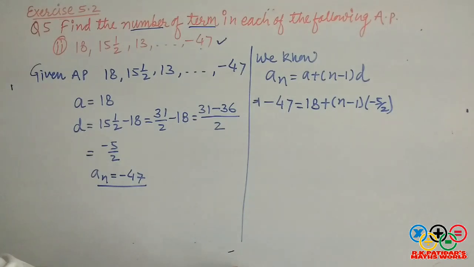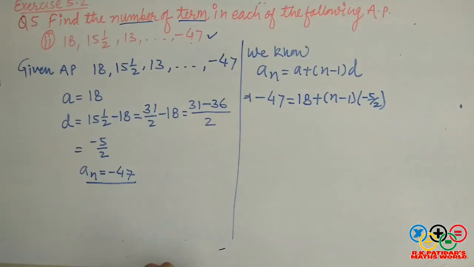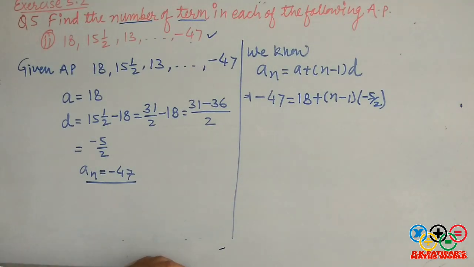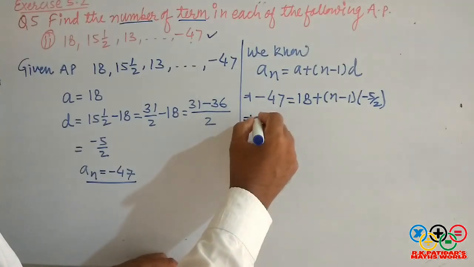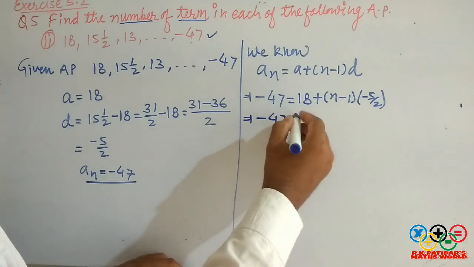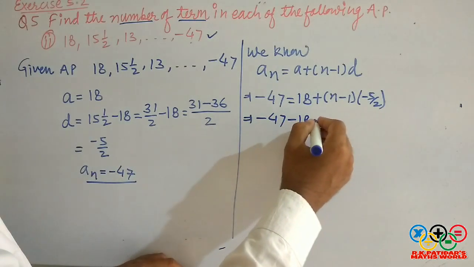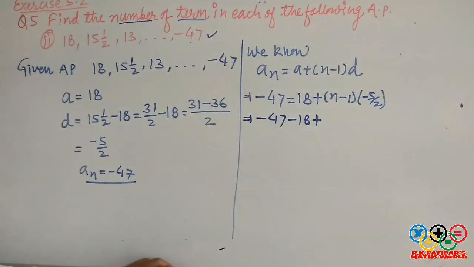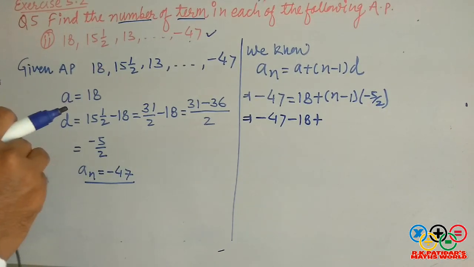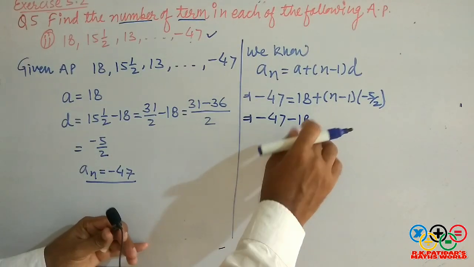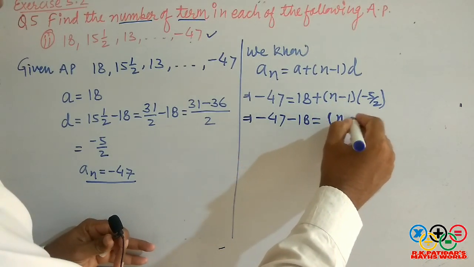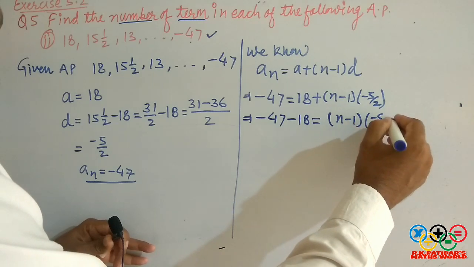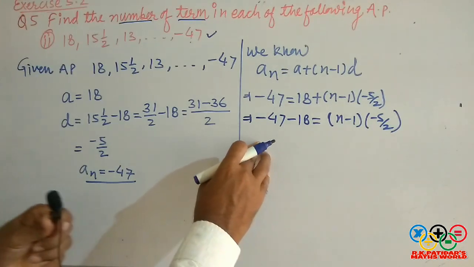Minus 5 by 2. Transposing 18 in LHS, it will be minus 18. And what is remaining here? It is n minus 1 into minus 5 by 2.